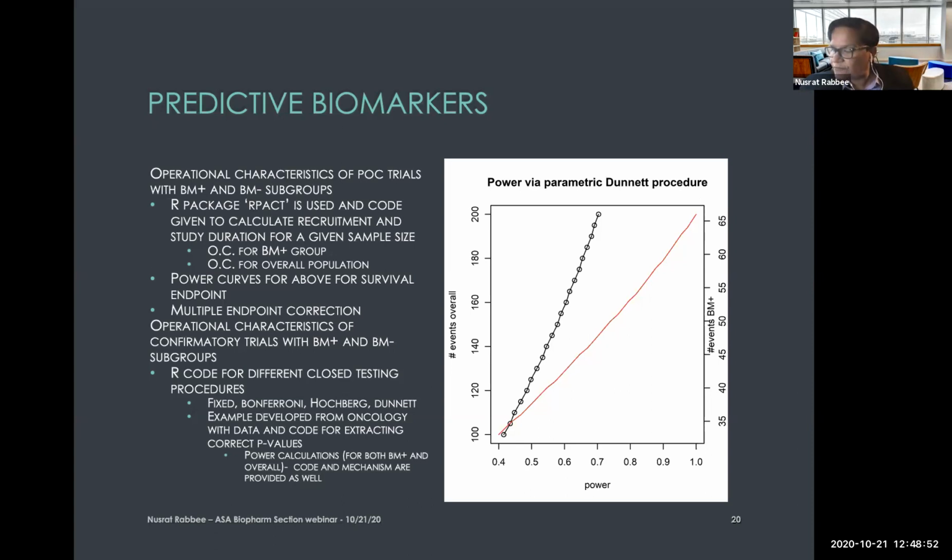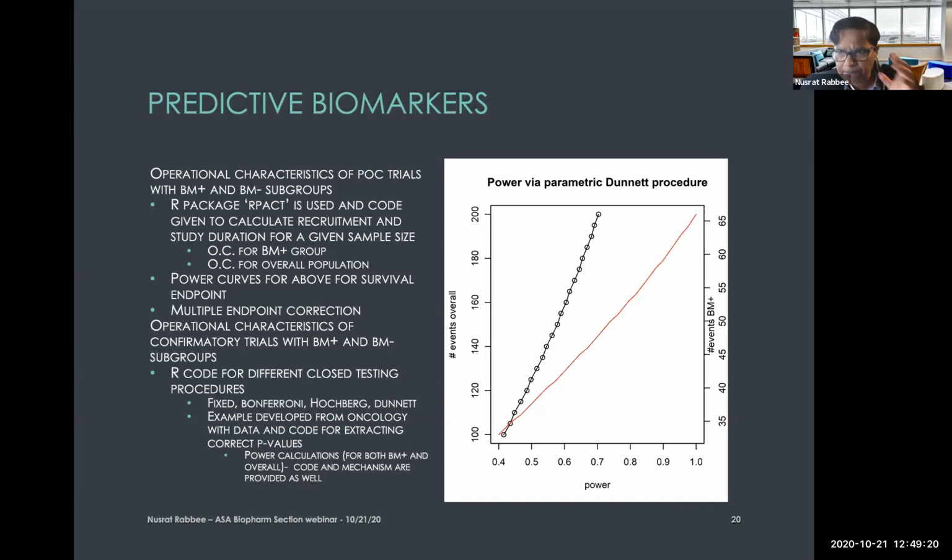So I designed in the example a phase 2 trial based on assumptions on biomarker positive, biomarker negative, and the overall population. So you need to make some assumptions. For example, hazard ratio maybe 0.9 in the biomarker negative group and 0.4 in the biomarker positive group.